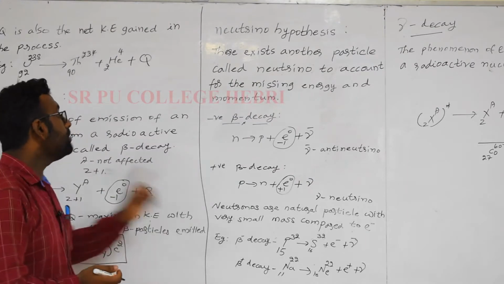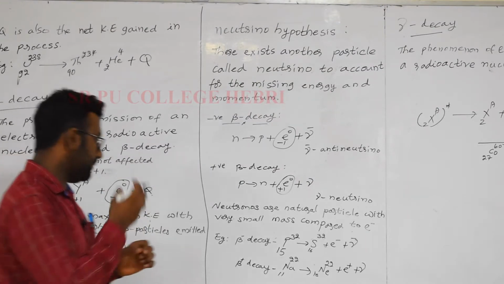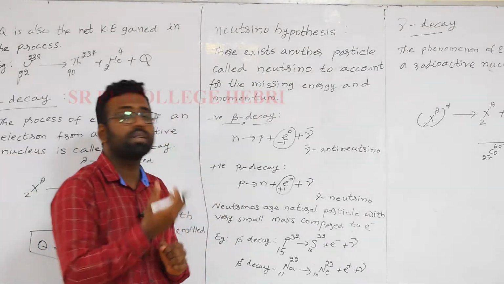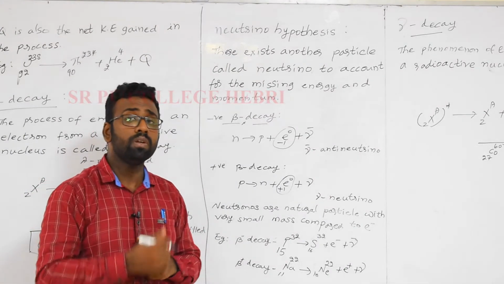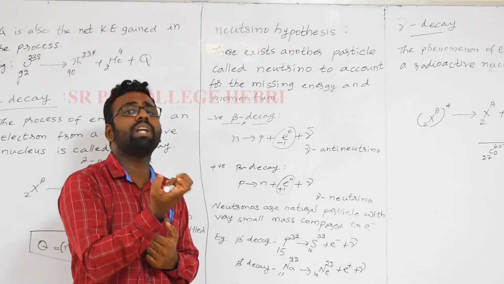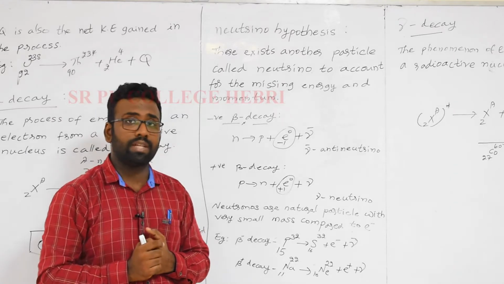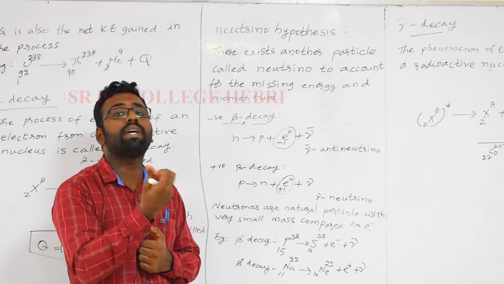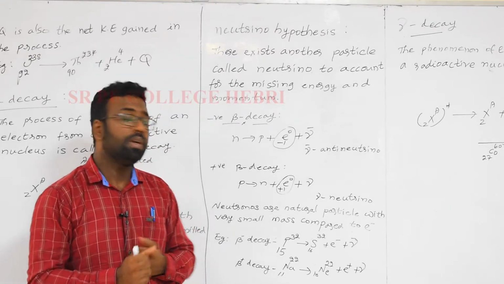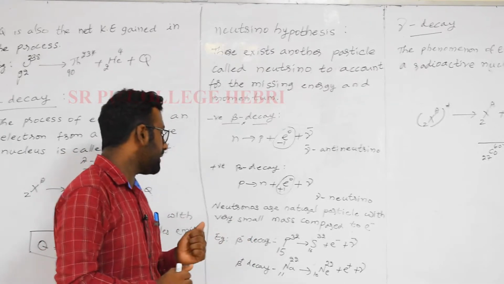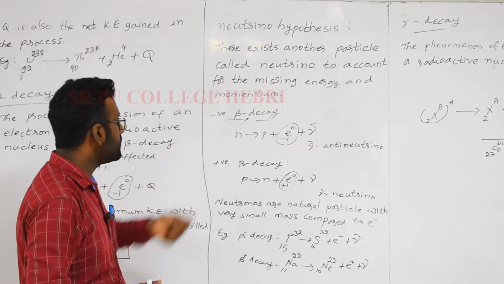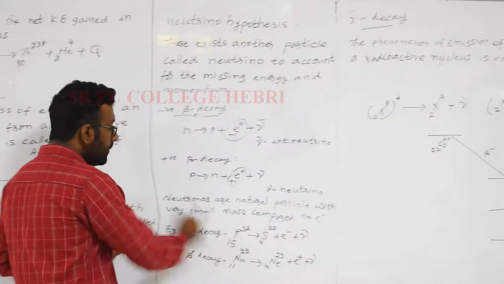Okay, so neutrinos are neutral particles with a very small mass compared to that of the electron. So it is very difficult to detect these neutrinos. Okay, if you see an example for this beta decay, we can take these two, positive and negative beta decay, with example.